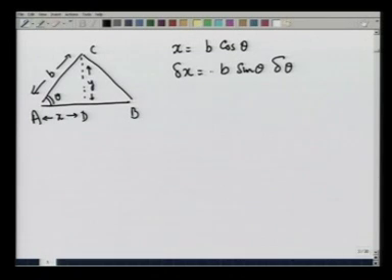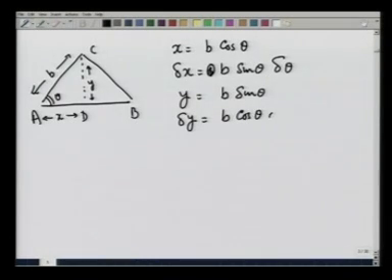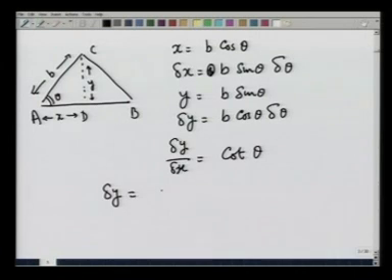I am just worrying about the magnitude, so the minus sign I am not worrying about. y equals B sine theta, and therefore, delta y is going to be B cosine theta delta theta, and therefore, delta y over delta x is equal to cotangent theta, or delta y is equal to delta x times cotangent theta.